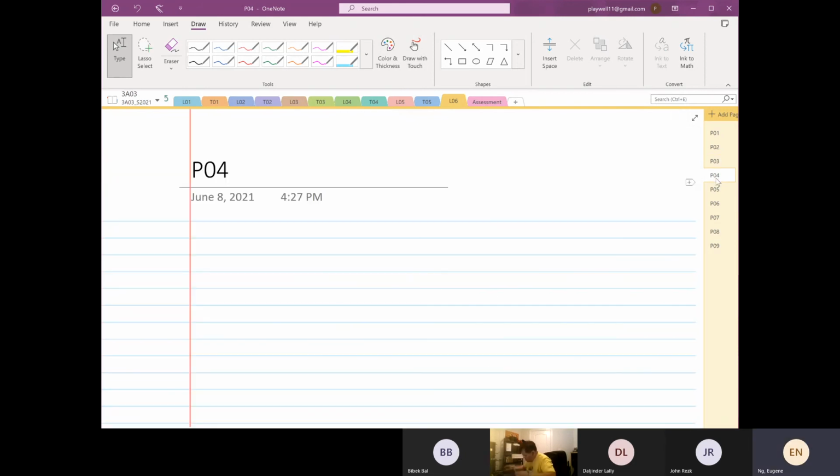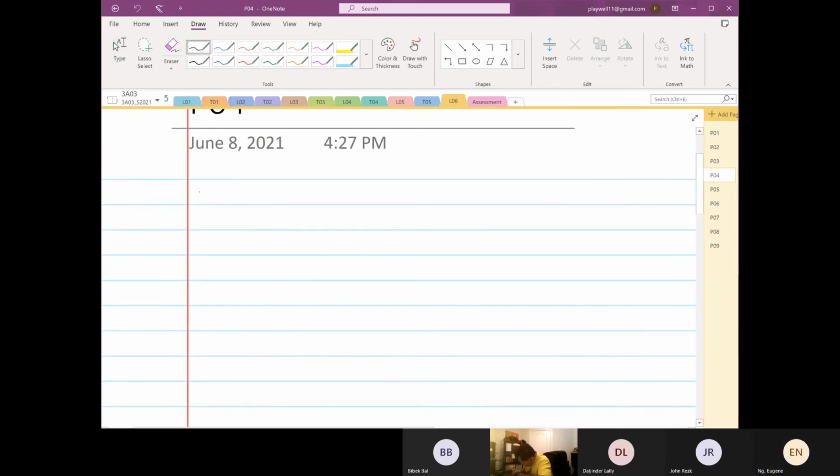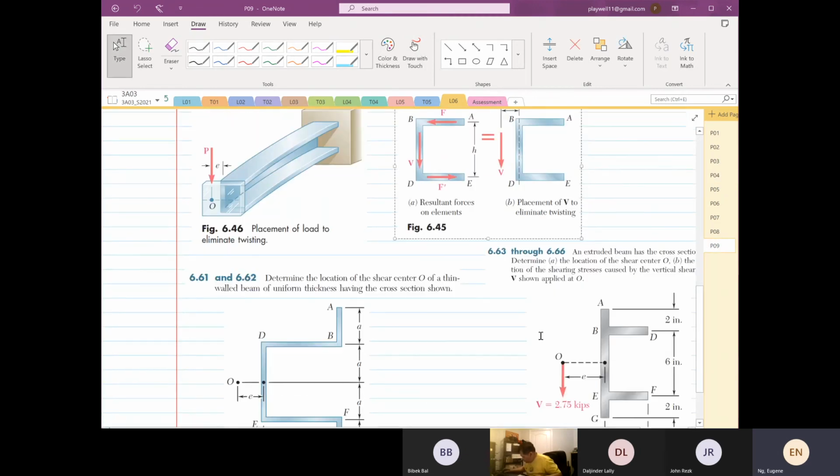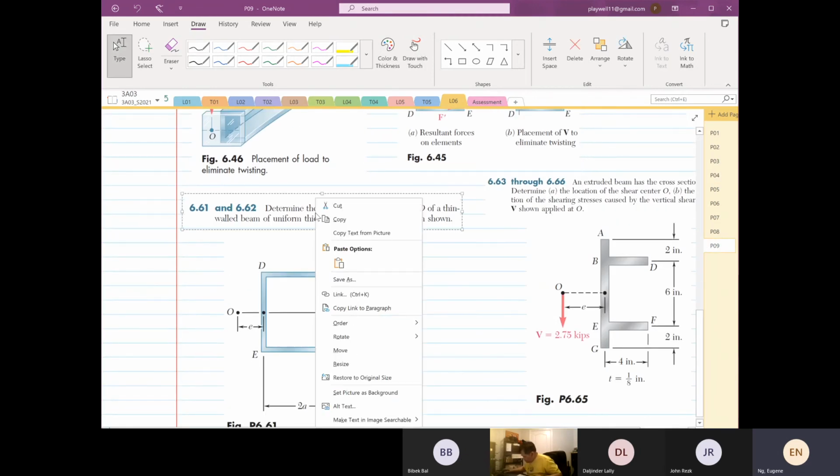So this is example number 1. And I want you to pay attention to how things are calculated, because it's a very unique approach to calculate second moment of area with this topic. Okay, I want you to focus on that. Okay, so we're going to look at this example over here.